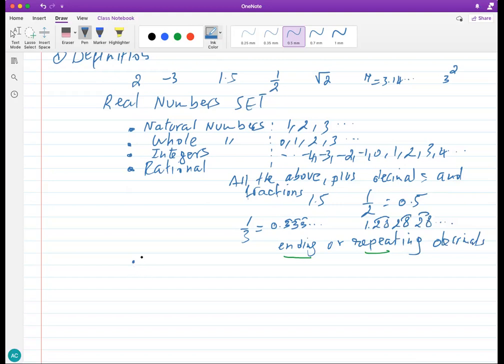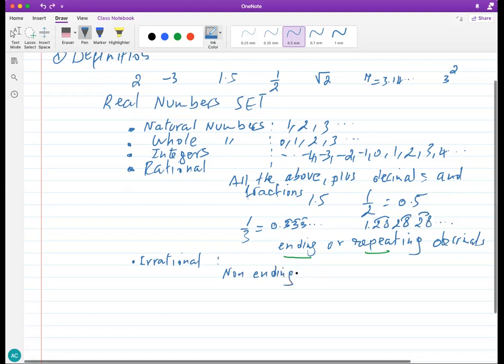That would be irrational. So basically the opposite of this: non-ending, non-repeating decimals.